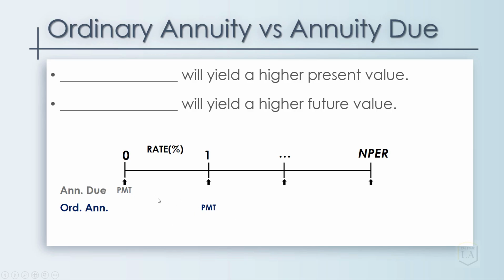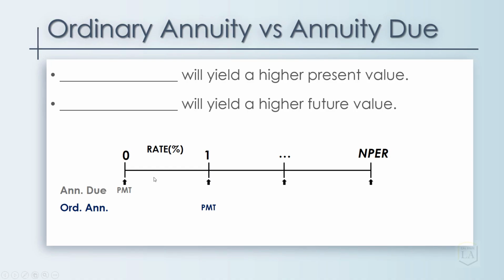So if we just focus on the present value, the payments are always being made one period earlier for annuity due. Remember how we wanted to compare $1 today and $1 tomorrow. It's always worth more if it was paid today.